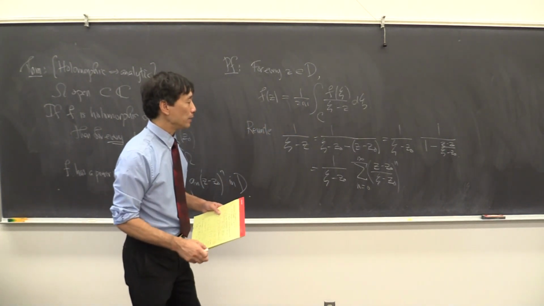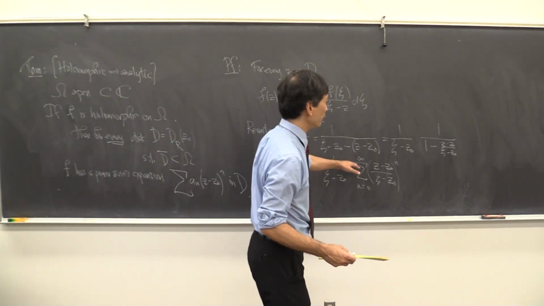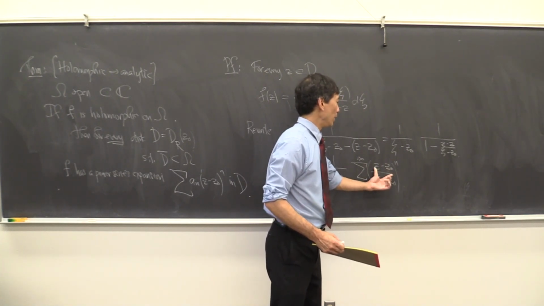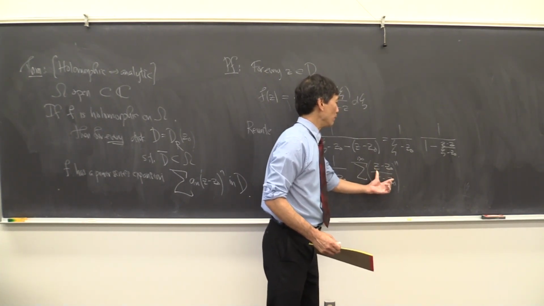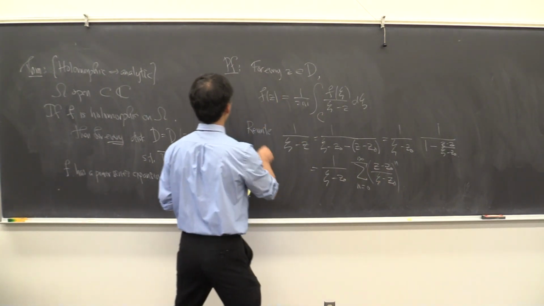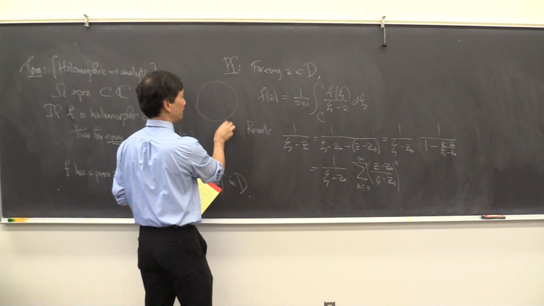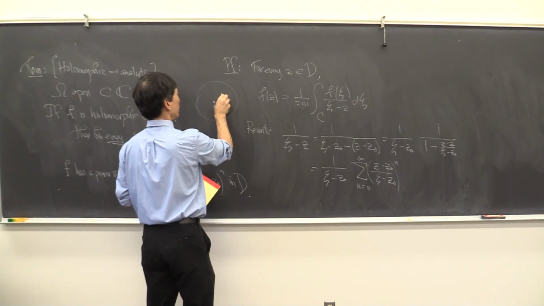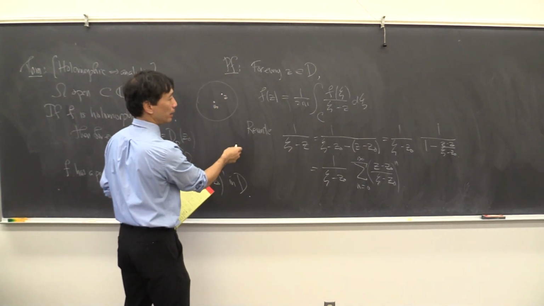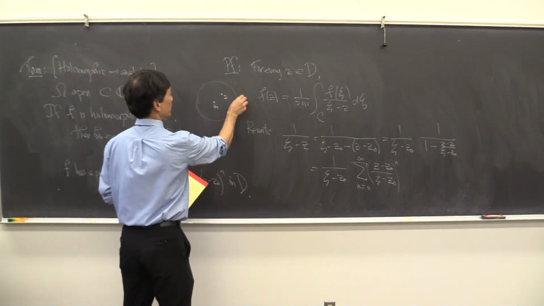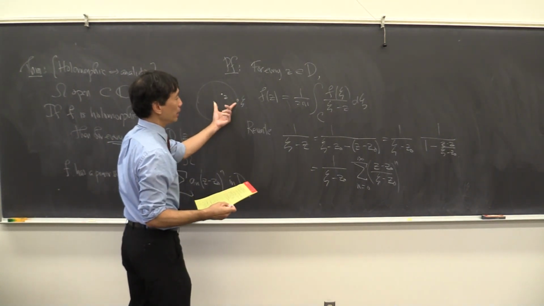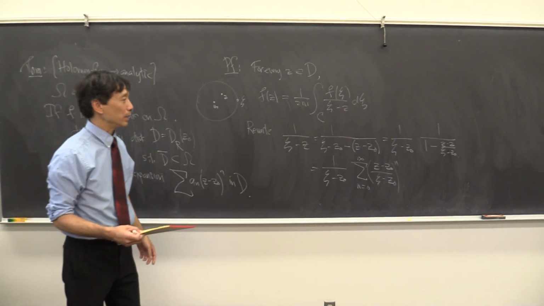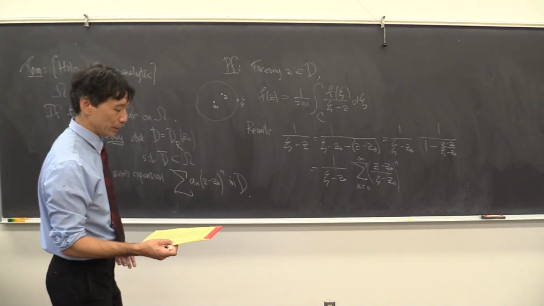That converges as long as the absolute value of this is less than 1. But of course it's less than 1, because z naught is the center here, z is some point, and the distance from the edge to z naught is bigger than the distance from z to z naught. So that's definitely going to converge.